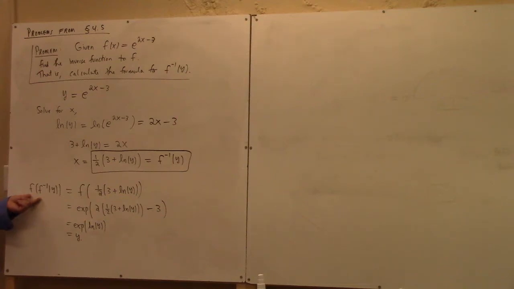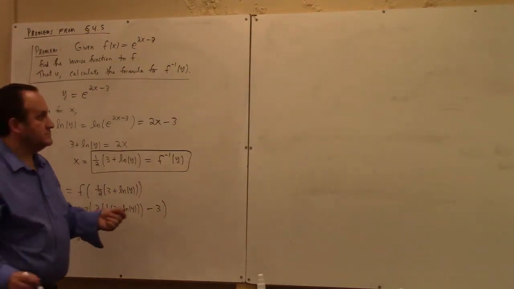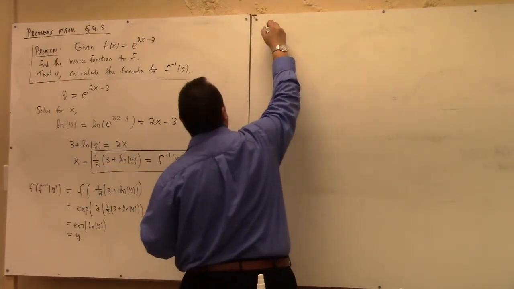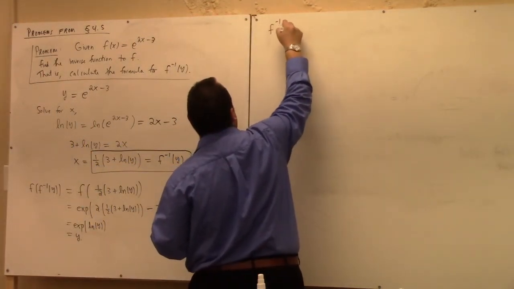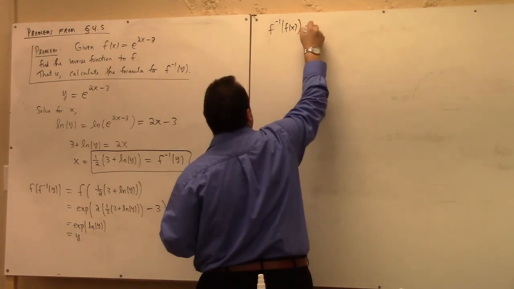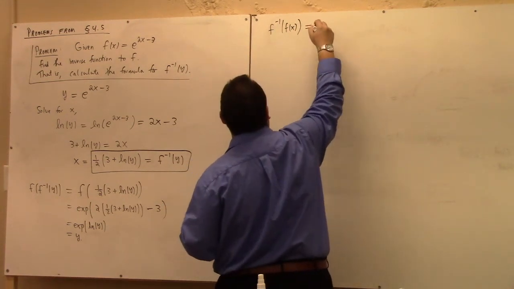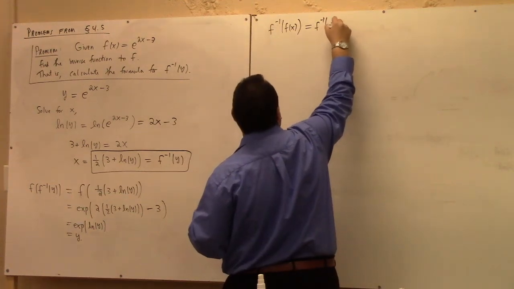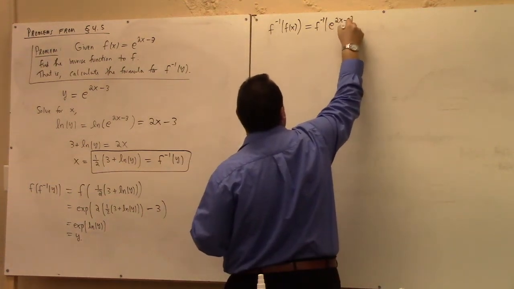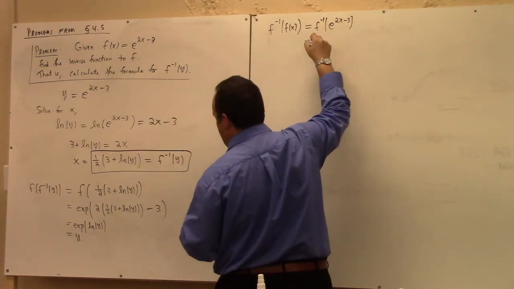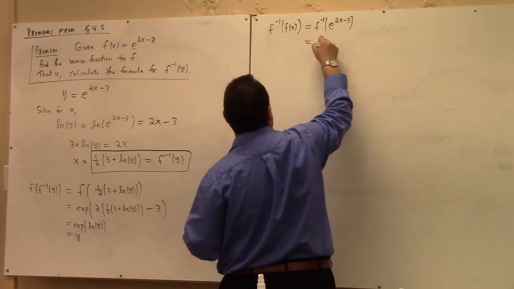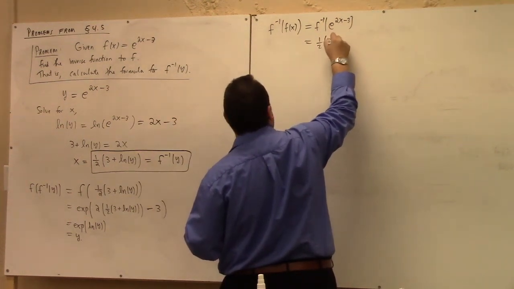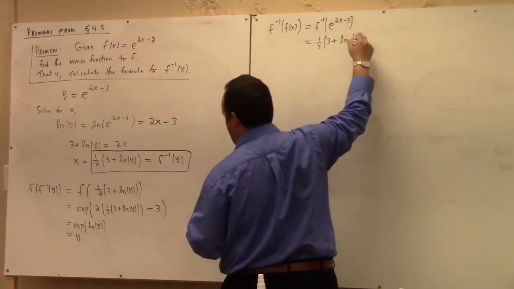And we could go through a similar calculation for f inverse of f of x. Maybe we should do that. Let's try it the other way. What happens f inverse of f of x? I'm just checking our answer, okay? So f inverse of f of x would be f inverse of what? e to the 2x minus 3. And what's my formula for f inverse? We do 1/2 of 3 plus the natural log of whatever the input was.